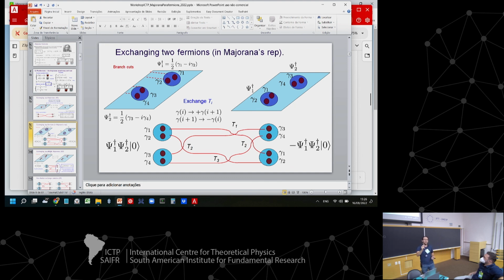The Z4, instead of the -1, you get an i. So a phase of pi over 2 instead of pi. And then you can do the same trick, and then you have to work out the algebra to see what you get when you braid parafermions this way, and try to now map this into a qubit kind of form where the result of your operation of braiding would give you what you expect for your gate to do in qubits.